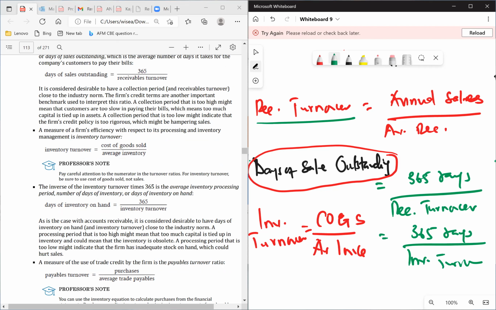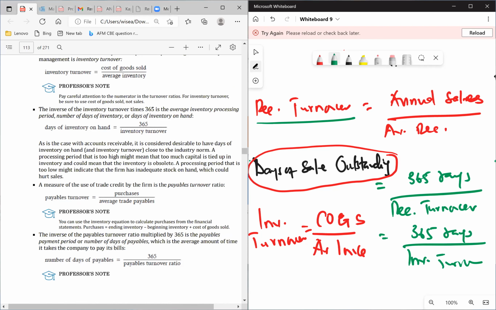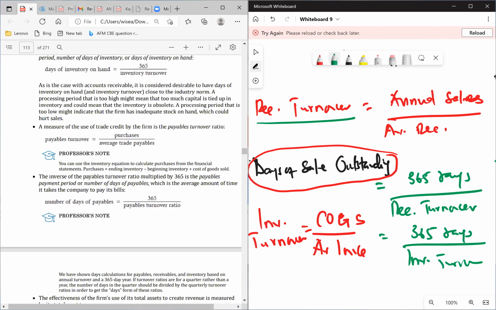Then payables. Payable turnover will be purchases over average trade payable. If in a question you don't have purchases, you can use cost of goods sold as a substitute. And then we have the number of days of payable, how many days it takes us to pay our suppliers.